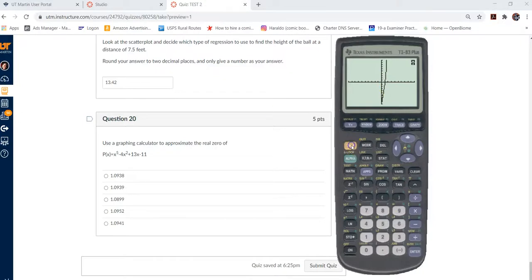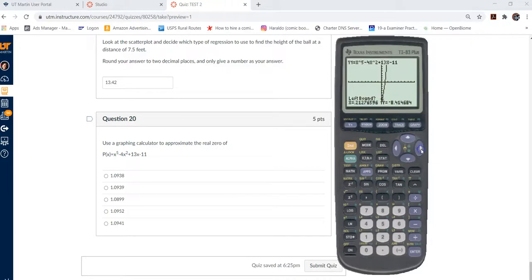So I'm going to do second trace, which will give me calc, and I want to get the X-intercept, which is the real 0 there. Now it says it wants a left bound. So this is showing me where that's at, and it's a negative number, and so it is to the left.